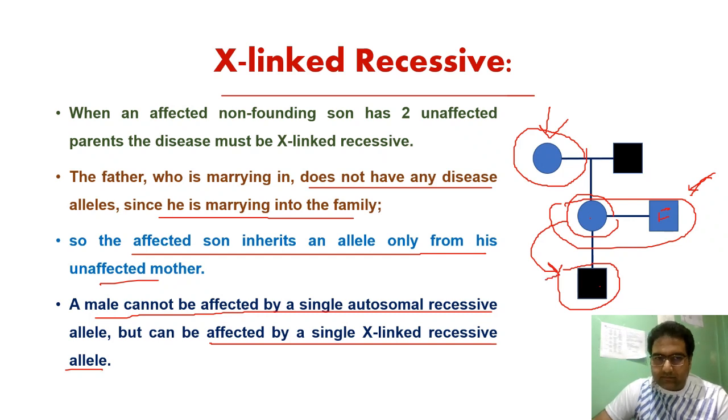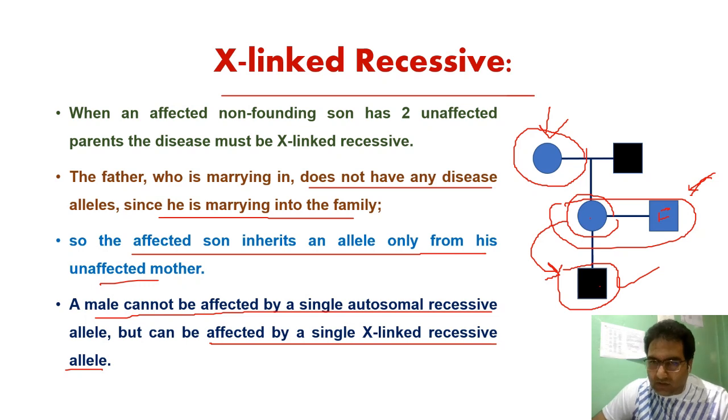Now, the next point is that the male cannot be affected by a single autosomal recessive allele. So, if one allele he has got from the mother, from where has he got the next allele? But he can be affected by a single X-linked recessive allele. So, this very disease is X-linked.